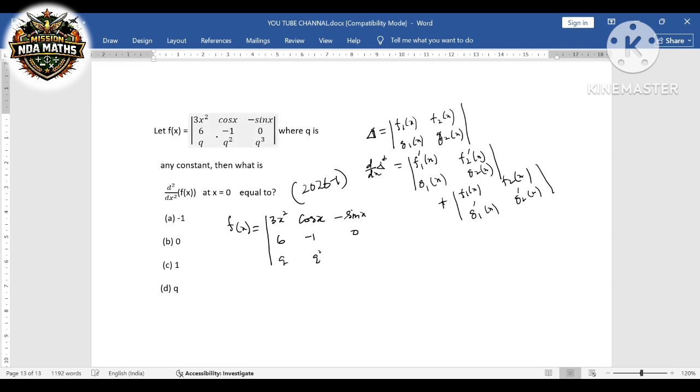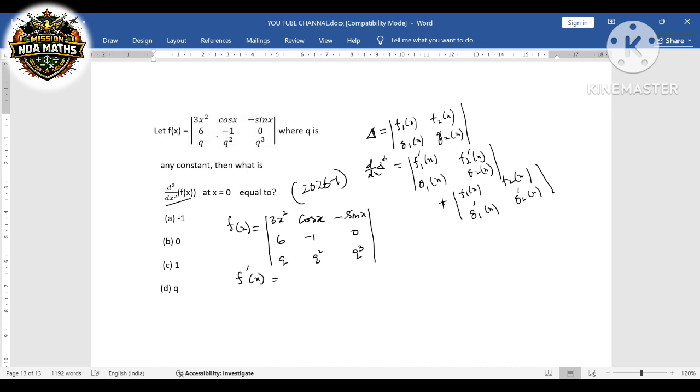The third row is q square, q. Here I have to find the value of the determinant after the second derivative at x equal to 0. To find the second derivative, we need to find the first derivative first.